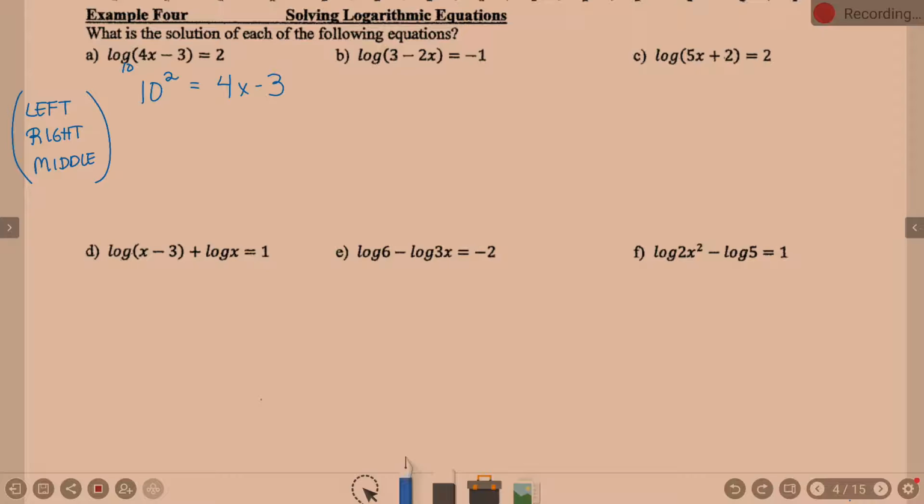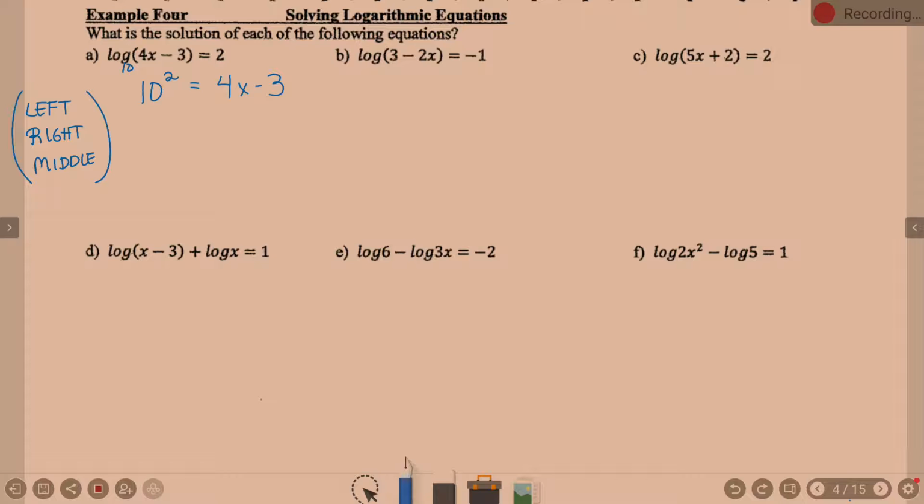Where does the 2 come from in the equation? It's this 2 right here. So it's left, the 10, raised to the number on the right, equals the number in the middle, or in this case, the expression in the middle, 4x minus 3.